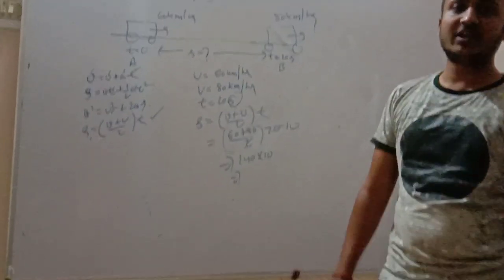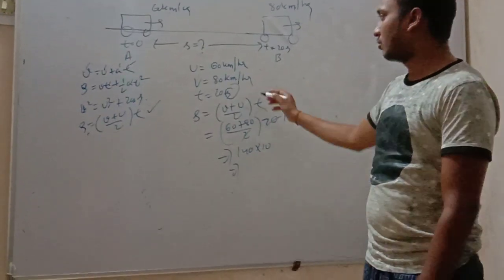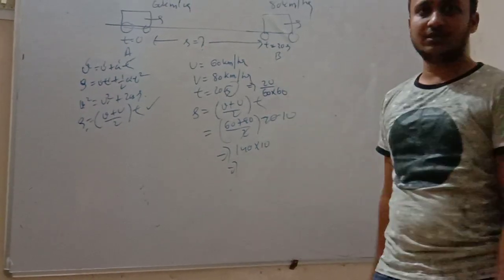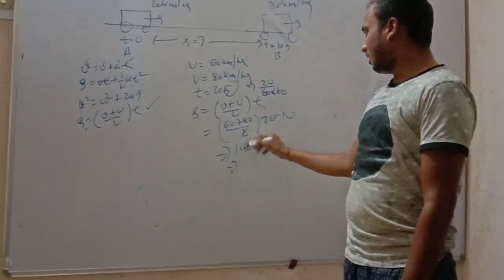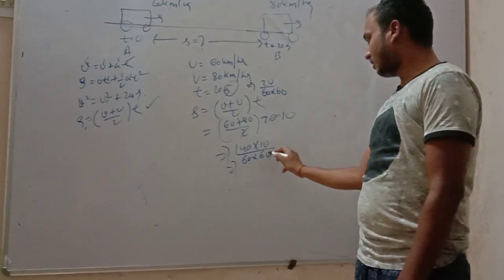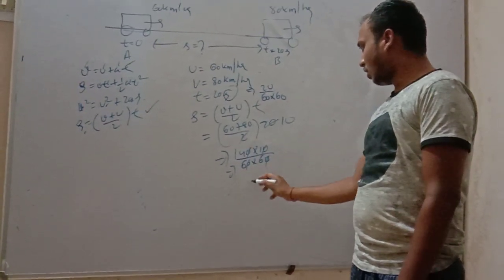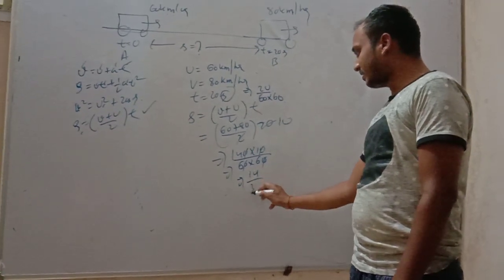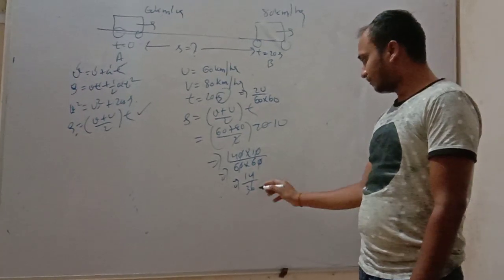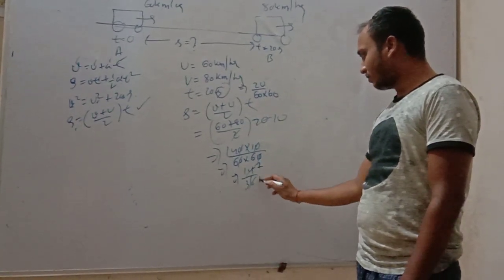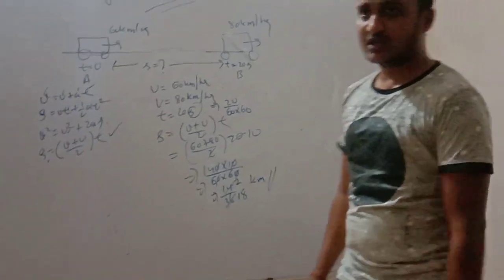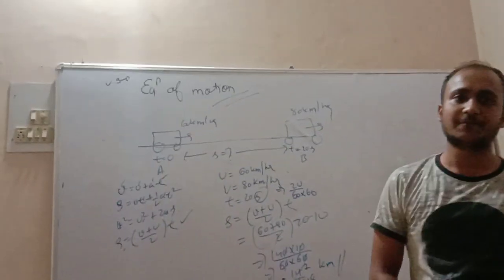So we have to convert this time into hours, by dividing by 60 and by 60. Solving, it is 14 by 36, so it becomes 7 by 18 km. Friends, this is the answer. The car will travel 7 by 18 km.